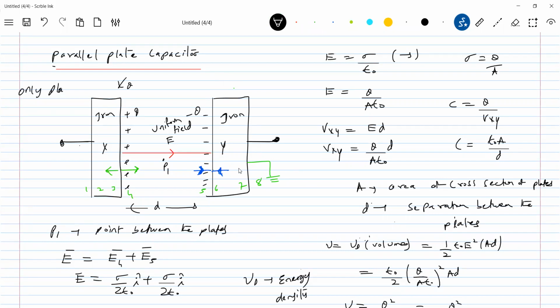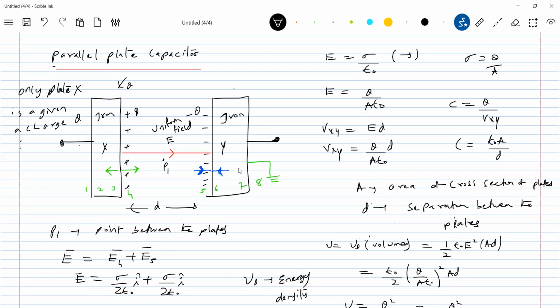Only plate X is given a charge Q. Good idea. So it should be like this. Or both the plates are neutral, then they're given charge Q and minus Q, then we are discussing that condition.